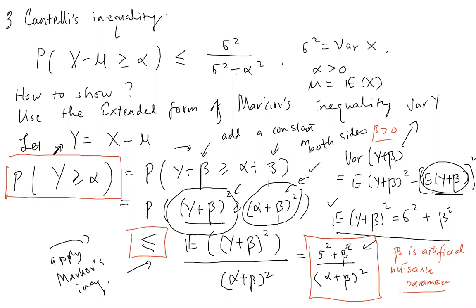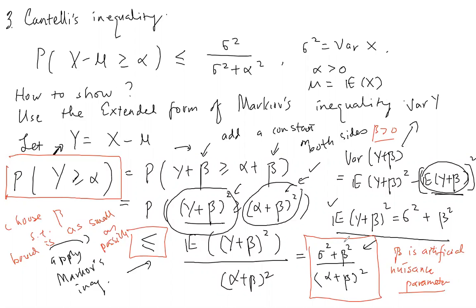Now, for it to be useful, you need to choose your beta such that this bound is as small as possible. Because if this bound is very large, it's basically useless. For example, if you say that the probability of y greater than or equal to alpha is bounded by 2, that's a useless statement, because probability measures are bounded between 0 and 1 by definition.